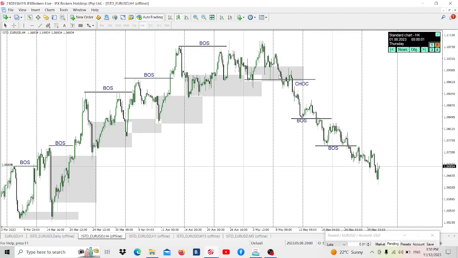Now, when we had a change of character, that's when we started to look for sell opportunities in the market. Now we can see that the market is still moving downward.